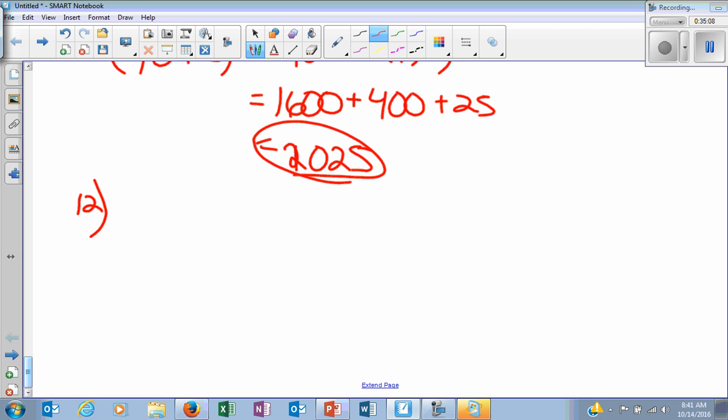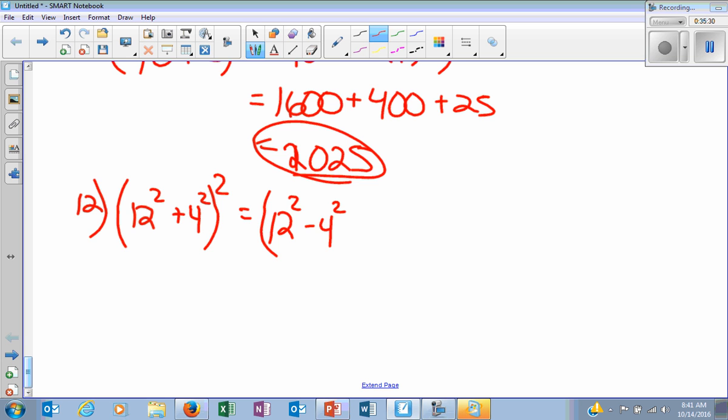12. That formula that we did yesterday was, the bigger number is 12, so I'm going to make sure I put that first. 12 squared plus 4 squared, all squared should equal 12 squared minus 4 squared, squared, plus 12 times 4, and all that squared.